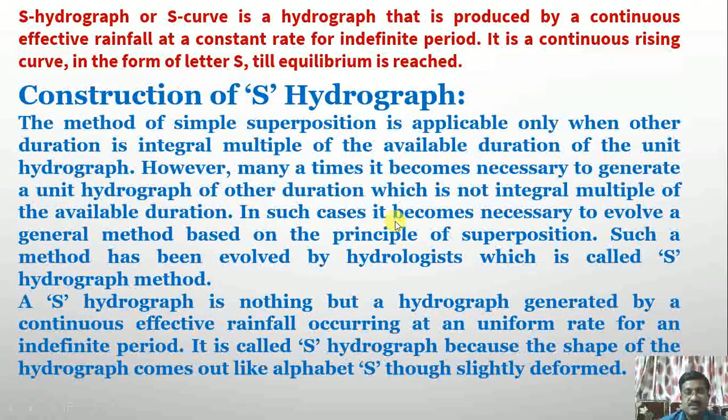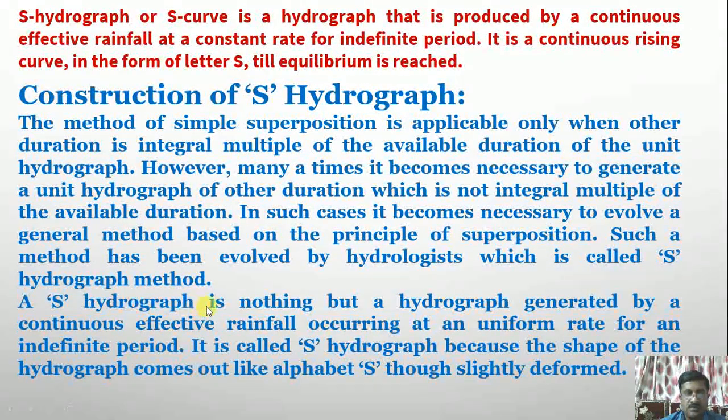In such cases, it becomes necessary to evolve a general method based on the principle of superposition. Such a method has been evolved by hydrologists, which is called the S hydrograph method.